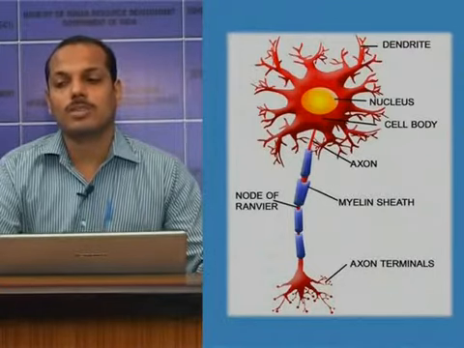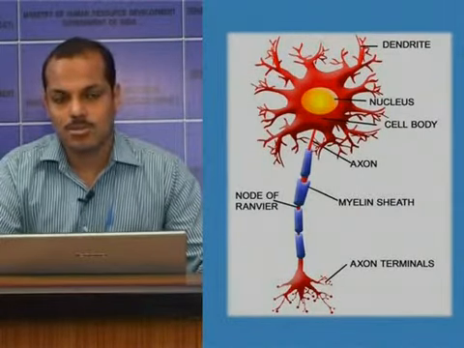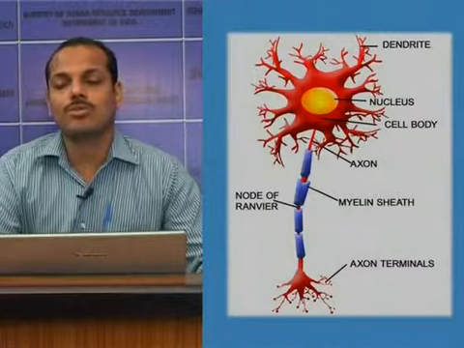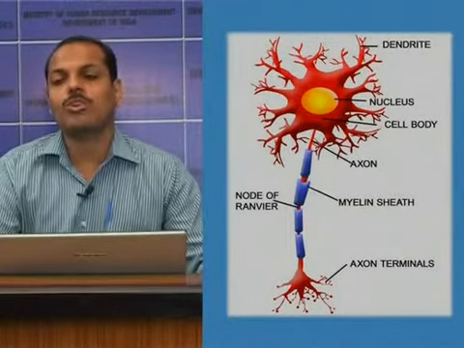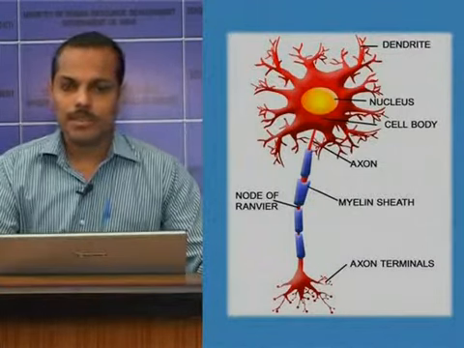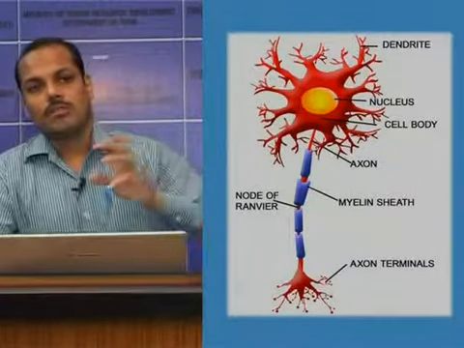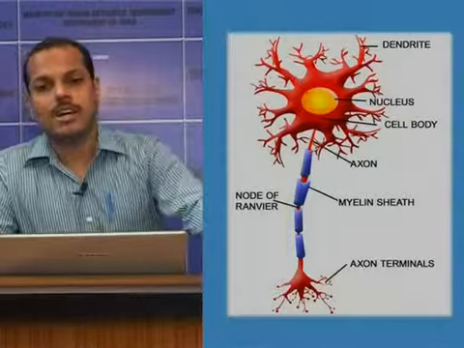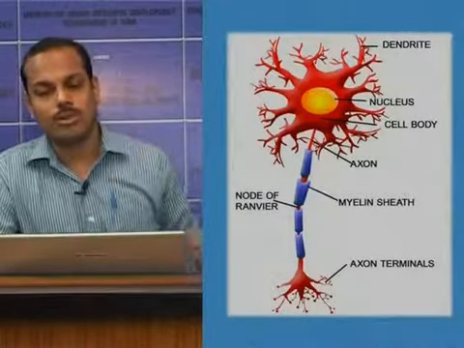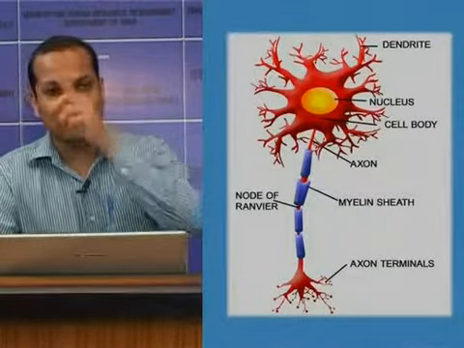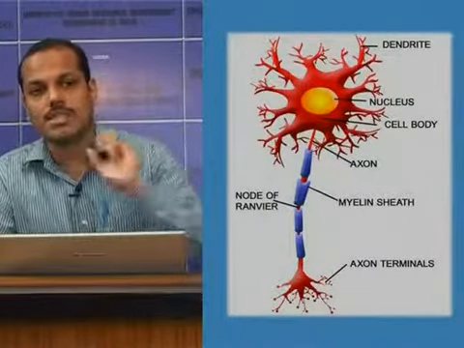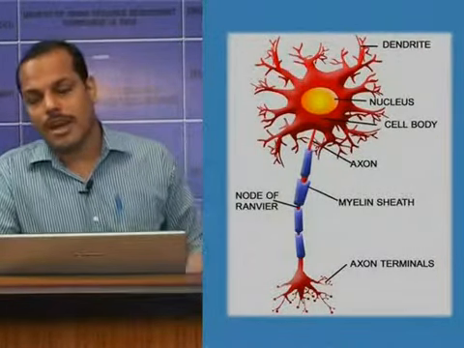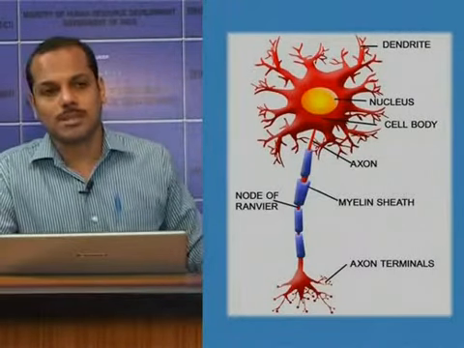As the centrosomes are not there, neurons cannot multiply, or neuron reproduction won't be there. So the first structure in the cell is the nucleus, seen at the central region, only one nucleus, and no centrosome is present.